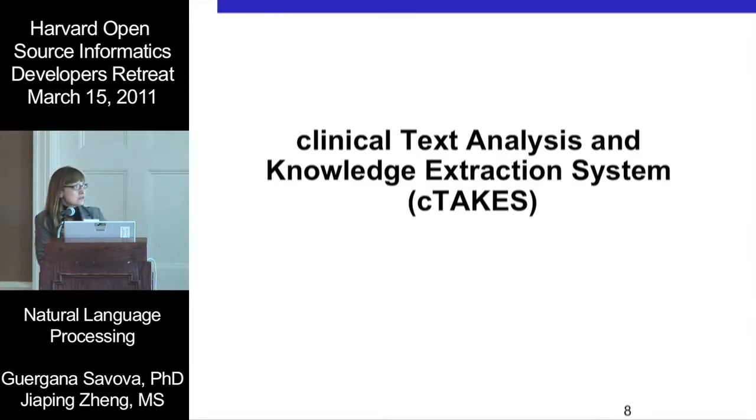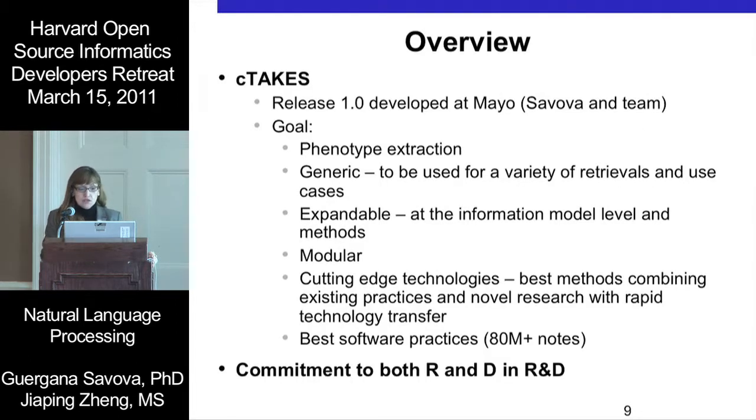So this is pretty much the space that we had to work with. So we set ourselves the task to build a system that at least provides the foundation for building a very complex, sophisticated solution, and that's cTAKES. So cTAKES was released about a year ago, and at that time Jiaping and I were at the Mayo Clinic.